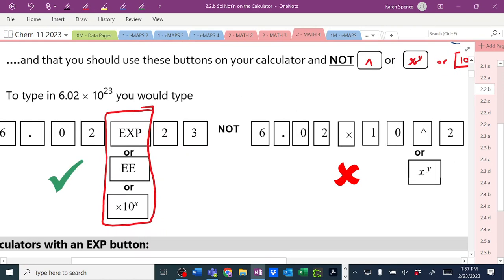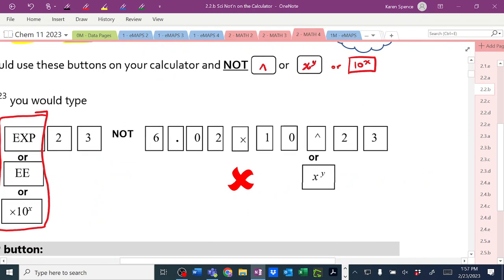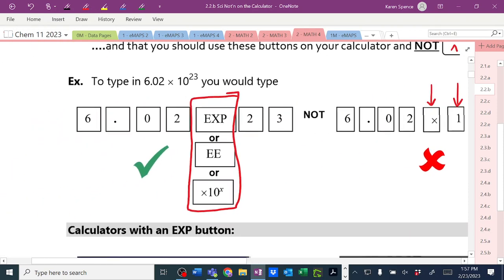Hopefully. Now, if you touched the multiply button, you have done it incorrectly. If you typed in 10, you have done it incorrectly. If you touched the caret button or the x to the y, you have done it incorrectly. So you should only have 1, 2, 3, 4, 5, 6, 7 keystrokes. Okay?